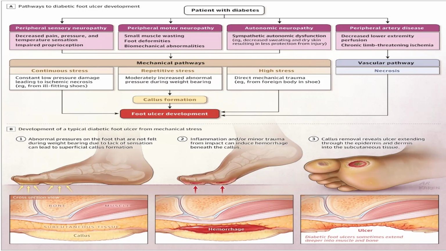Also, like we mentioned previously in pressure ulcers, mechanical pathways such as continuous stress, repetitive stress, high stress, all of these reduce the blood flow, plus the vascular pathway, because of the reduced peripheral arterial supply, all of which can cause foot ulcer development.